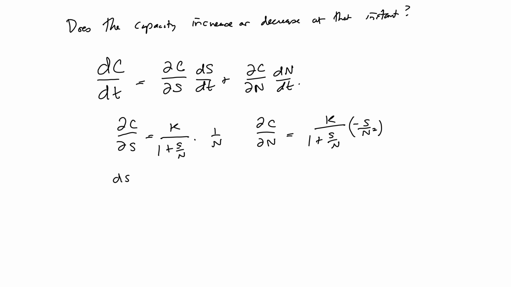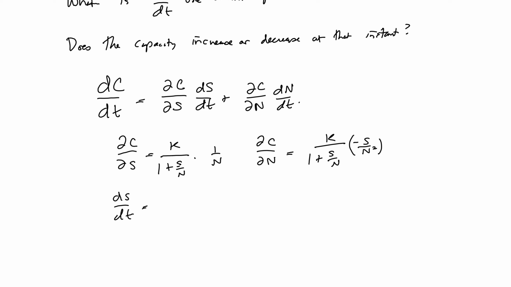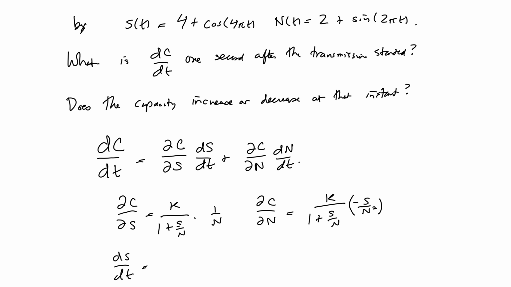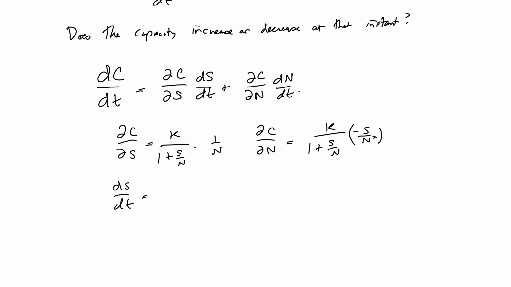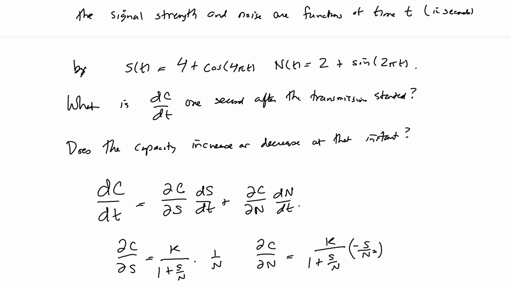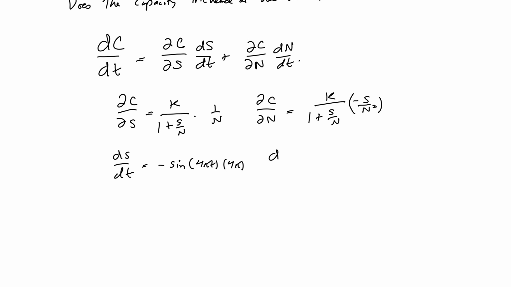And then dS/dt, taking the derivative of 4 plus cosine of 4 pi t, is minus sine of 4 pi t times the derivative of what's inside, which is 4 pi. And then for the other one, dN/dt is going to be 2 pi cosine of 2 pi t.